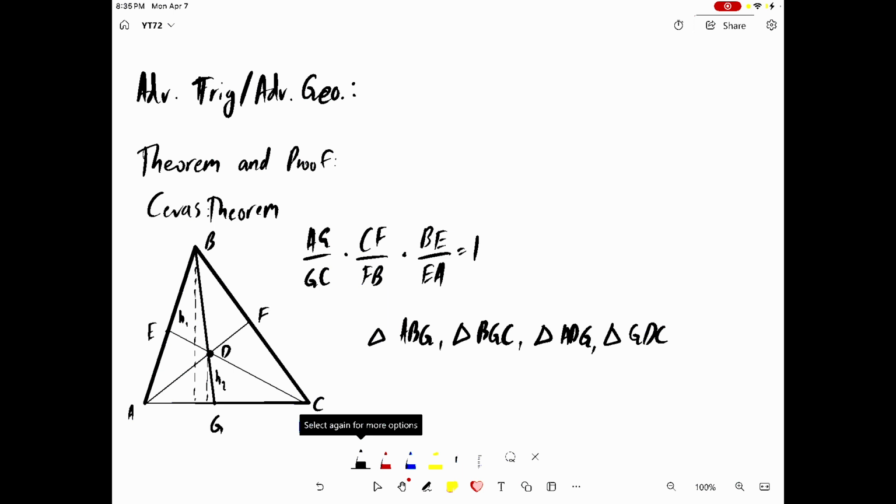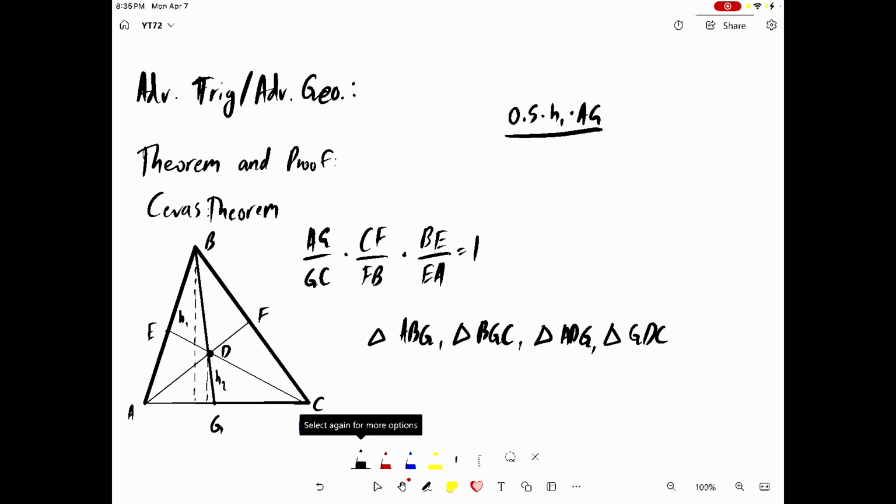So let's say we want to calculate the area. The formula we're going to use is 0.5 times the altitude, which in this case is H1, for ABG, times the base, which is AG.